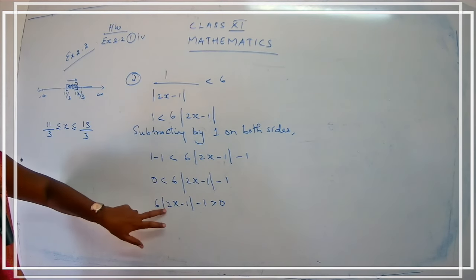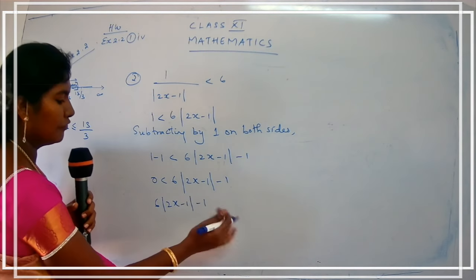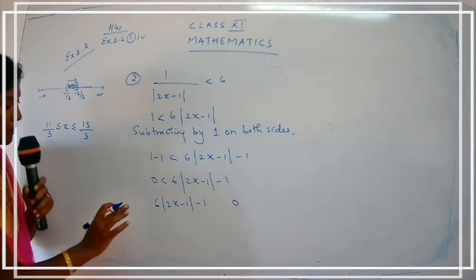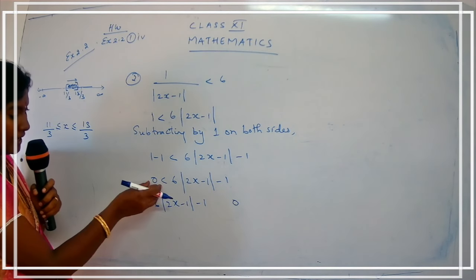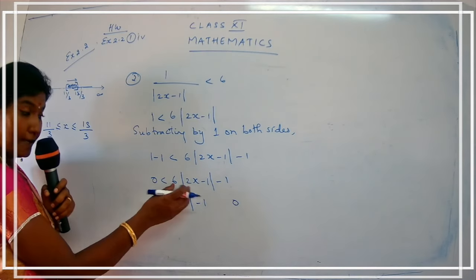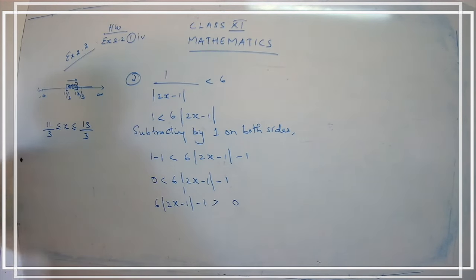So 6 modulus 2x minus 1 minus 1 is greater than 0.